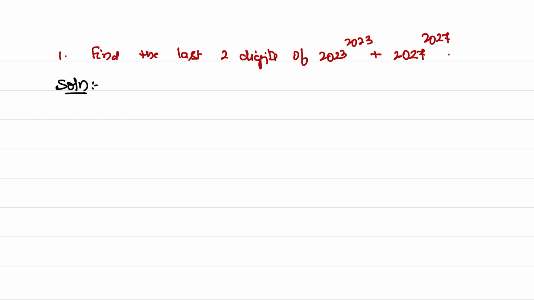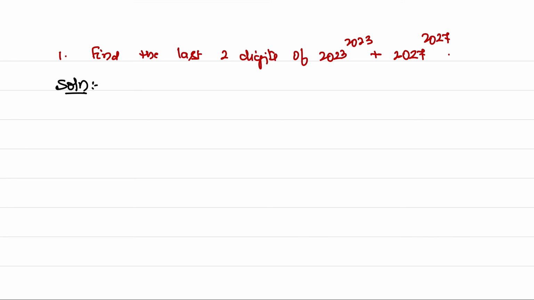Now, in this practice example, we will go as if we have some fundamental basic knowledge of this number theory. When we want last two digits, what happens? We want to divide these numbers by 100. That means we want to have mod 100.